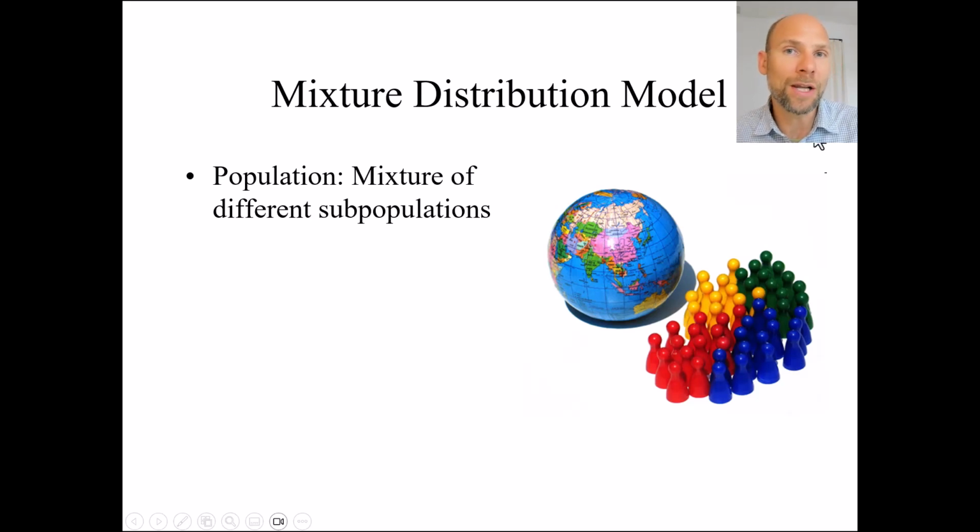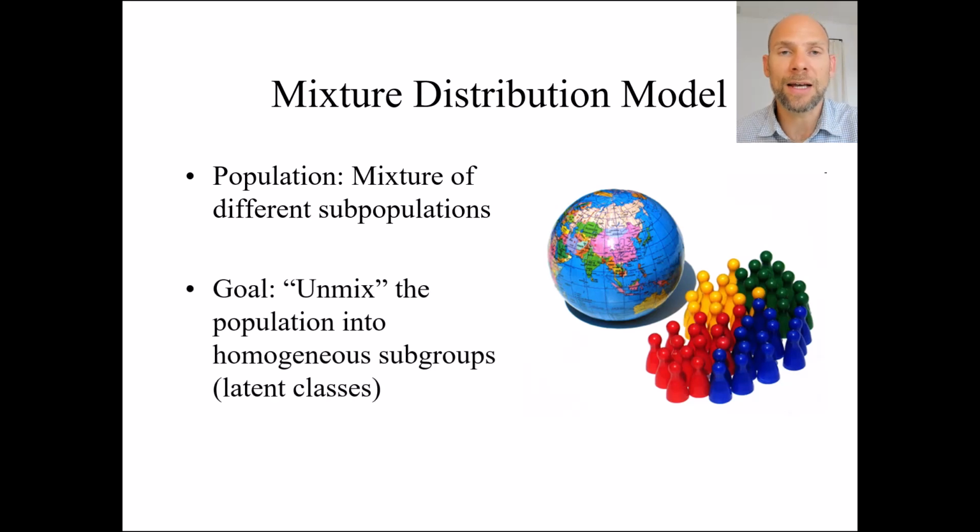That would be a qualitative difference. There can also be quantitative differences that could be reflected in latent classes and in these mixtures. But primarily, mixture distribution models are concerned with identifying qualitative differences, so differences in kind rather than in degree between individuals in a given population.